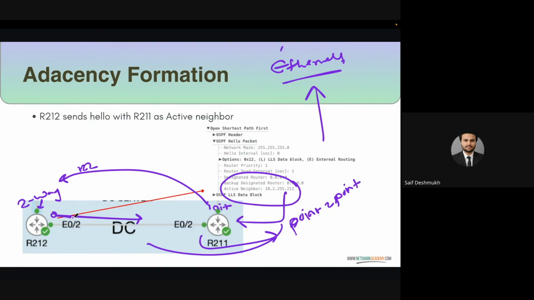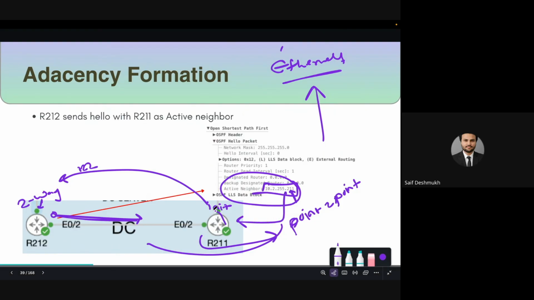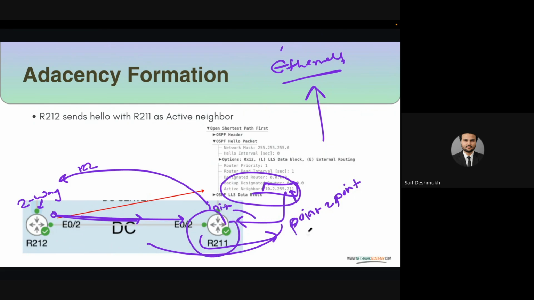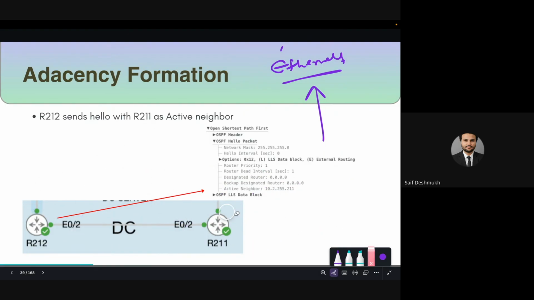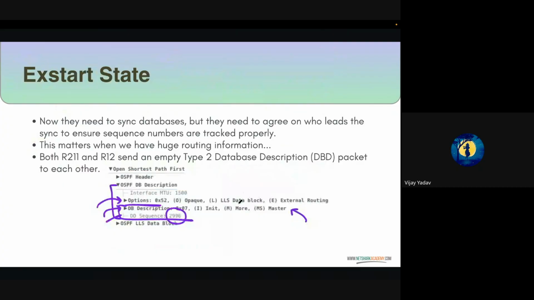It is also sending its own hello packet. And what is inside here? Active neighbor is whom? The 211. Right? So when this gets back here, from init it goes to two-way state as well. So both parties, without two-way state, can't go further. Both parties have to be in the two-way state in this case. You understand? Okay.